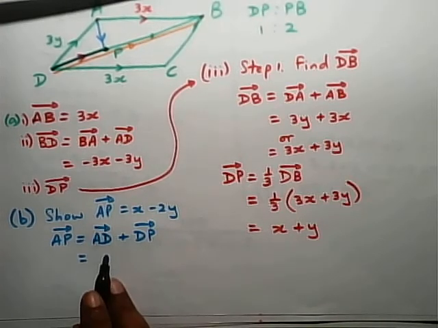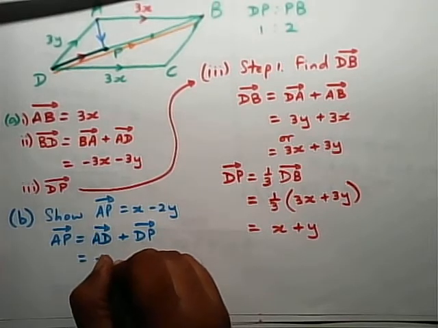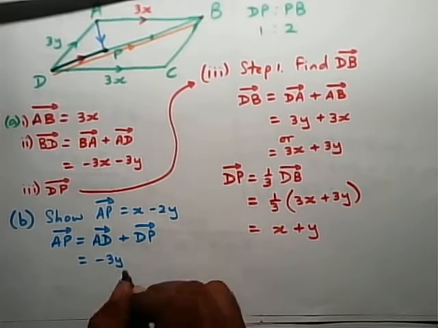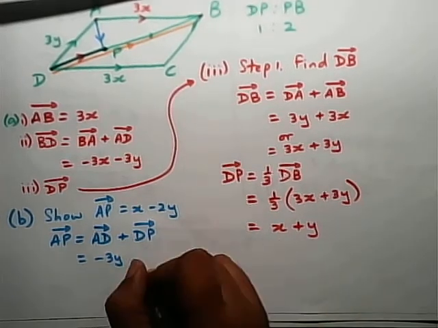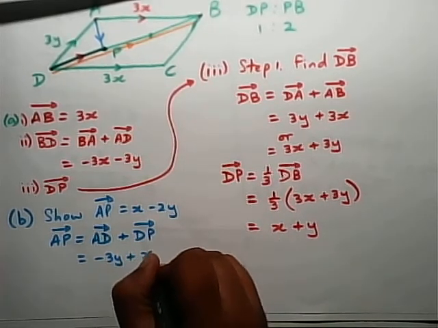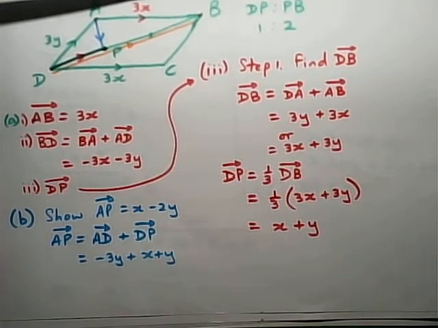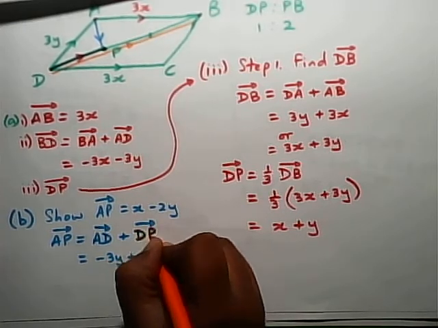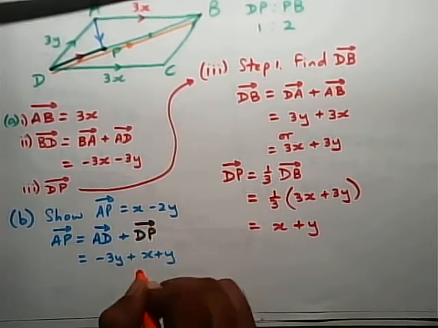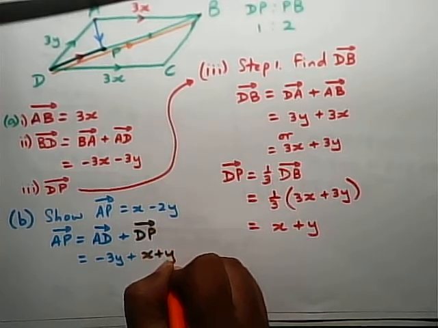So what's AD? AD is minus 3y. And then what is DP? x plus y. Hope you understand that. Let me color code it for you. DP is x plus y.